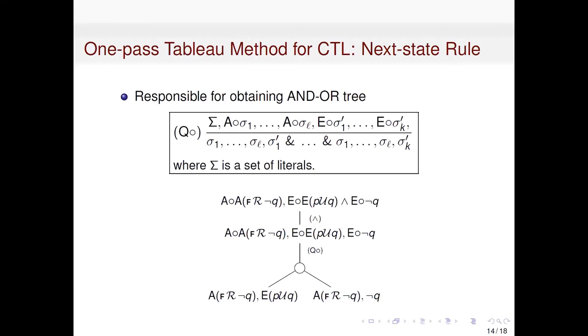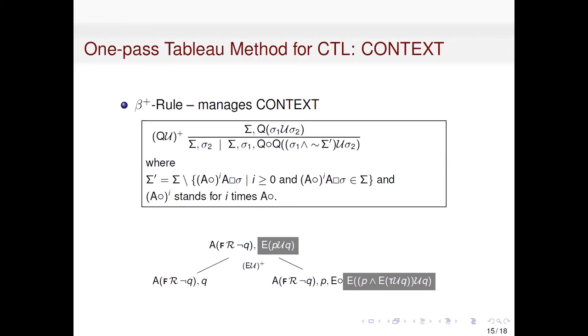And one of the most important rules in the system manages the context. That is the rule which I gave you in a very simple way before as an illustration. Now there's the rigorous formulation of the rule. If you've got on the top of the rule a formula with eventuality, Q stands for the path quantifier, could be existential, could be universal, and big sigma is the context. Because it's a minimal fixed point, we split the construction into branches.